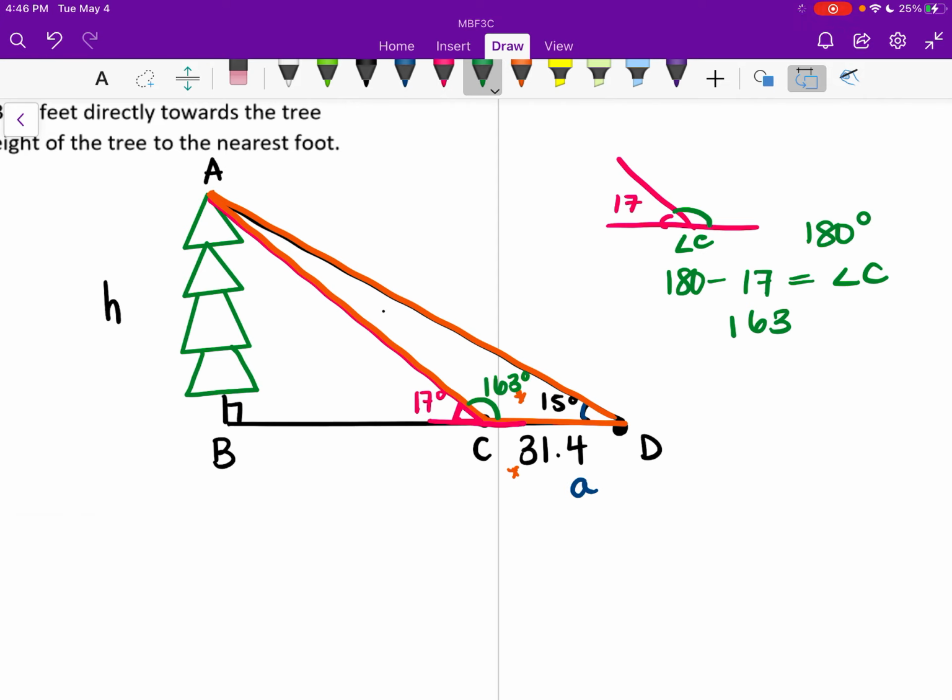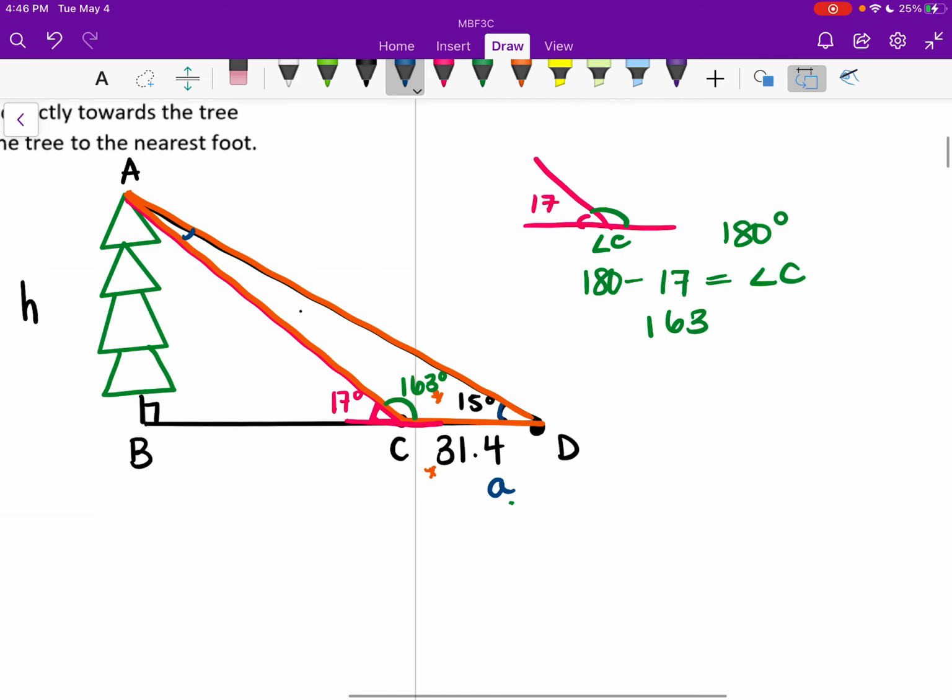Now that I know that angle, I notice that I have two angles and one side, right? When you have two angles and one side, you can use sine law. But in order to use sine law, I have side A, so I need to find angle A. And in order to find angle A, I know that inside this entire orange triangle, all my angles need to add up to 180.